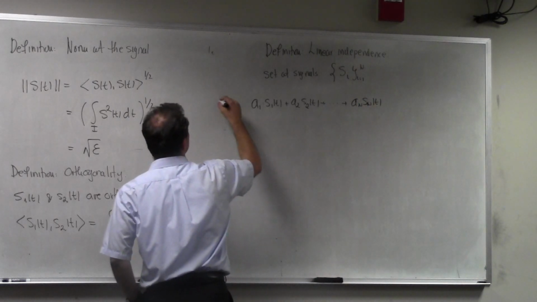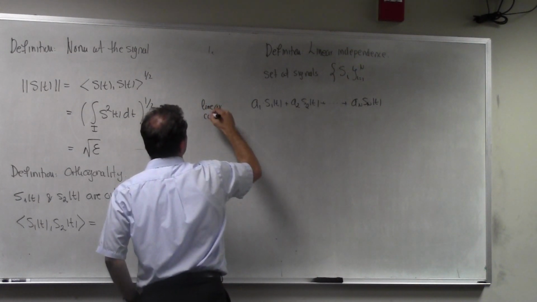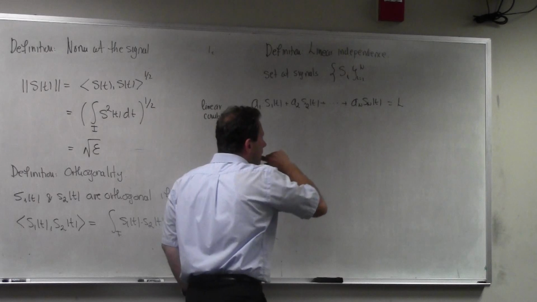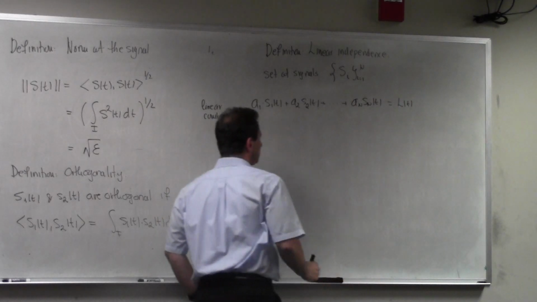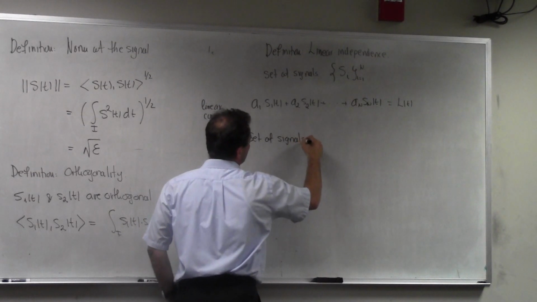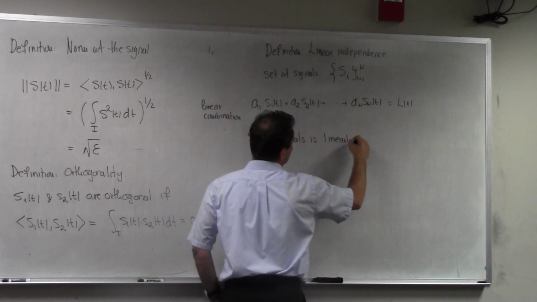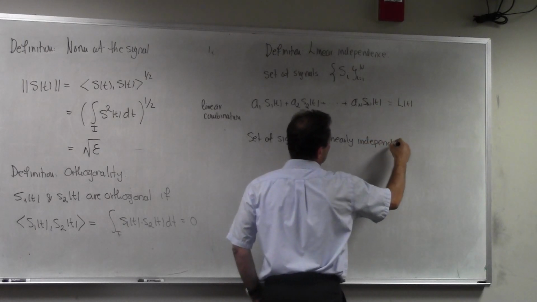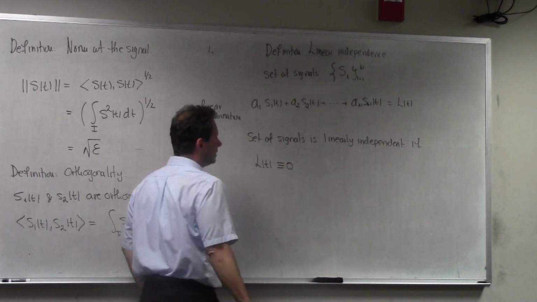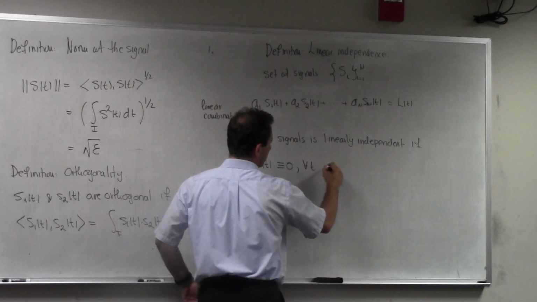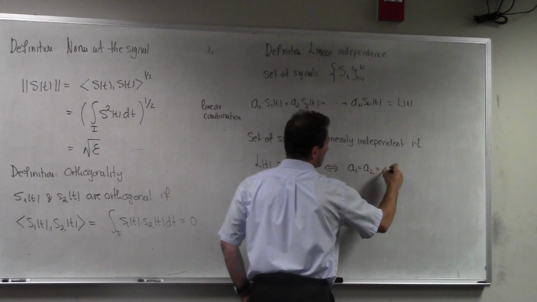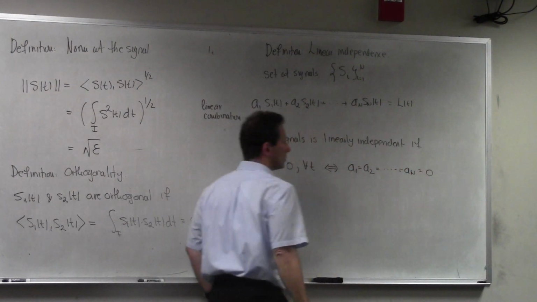That's a linear combination, and let me call this L. Now, a set of signals is linearly independent if L of t identically equal to 0 for every t is equivalent to A1 equal to A2 equal to An equal to 0.